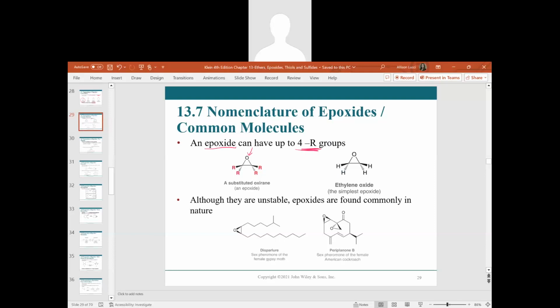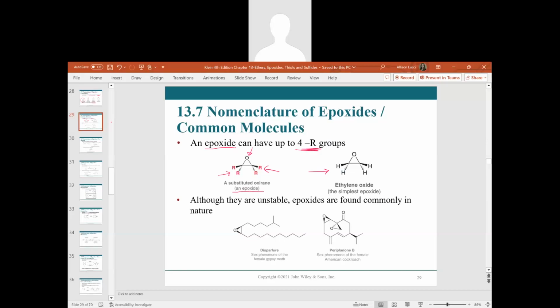Obviously the oxygen here does not have an R group, but either carbon in our 3-membered ring system can have either a hydrogen or an R group. So this would be considered a substituted oxirane, aka an epoxide. And over here we see our simplest epoxide. We could call this ethylene oxide.